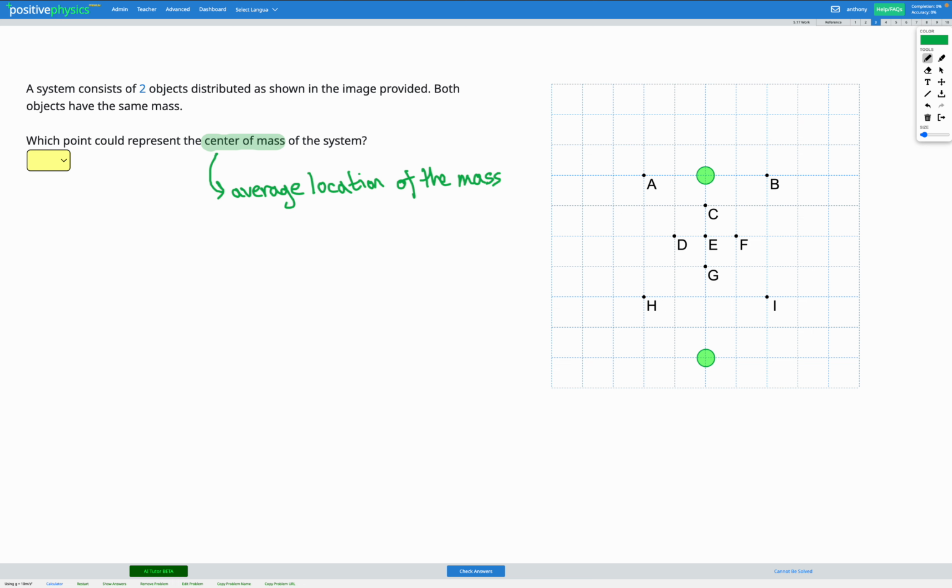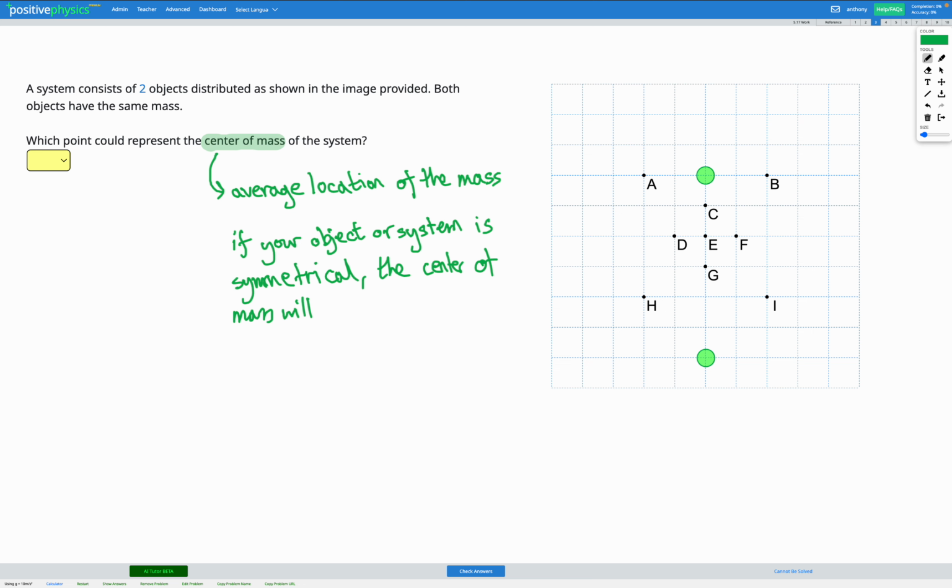Another helpful thing to know about the center of mass is that if your object or system of objects is symmetrical at all, the center of mass will lie on the lines of symmetry.